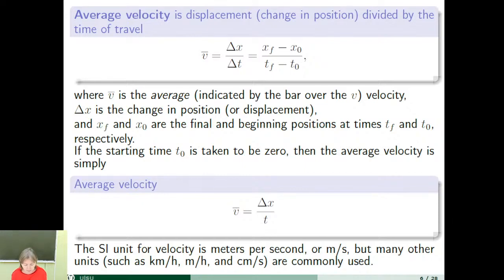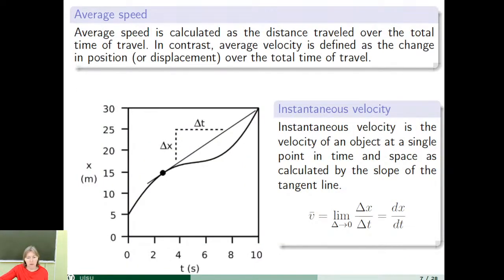And instantaneous velocity is the velocity of an object at a single point in time and space, calculated by the slope of the tangent line. Typically, motion does not reach constant velocity or speed.